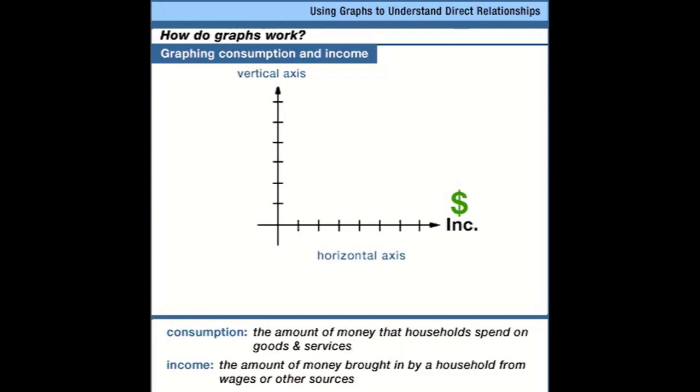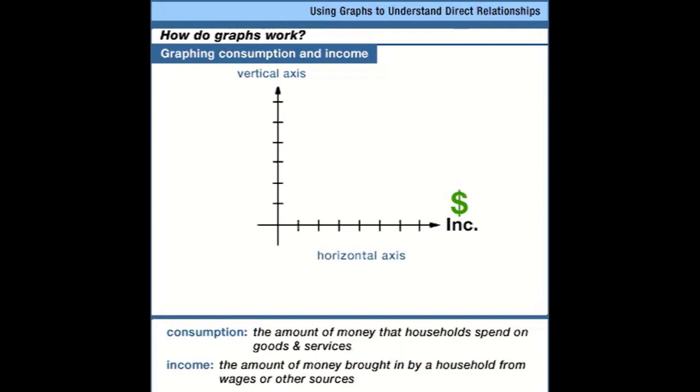So the first tick mark here I could label 10 for $10,000. The second tick mark I could label 20. The third I could label 30. And I might want to be careful here not to put too many numbers close together or the graph could start to get crowded and unwieldy. So what I'll do is I'll skip every other 10,000 and represent 10, 30, 50, 70,000.